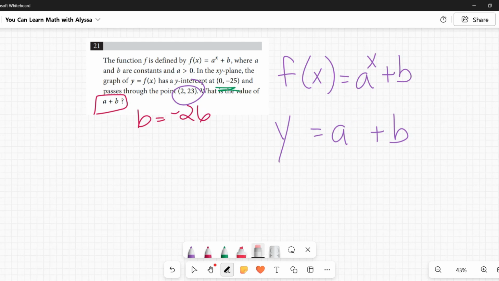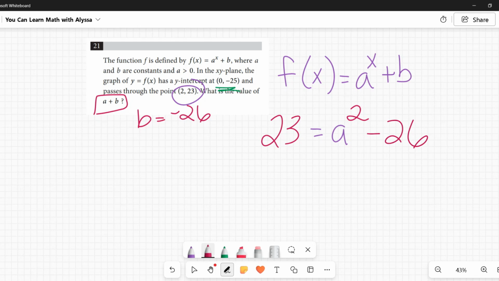All right, so let's plug in everything. My x value is 2. I'm going to put that right there, a to the power of 2. My y value is 23. I erase the y and replace that. And finally, my b is negative 26. So there we go.